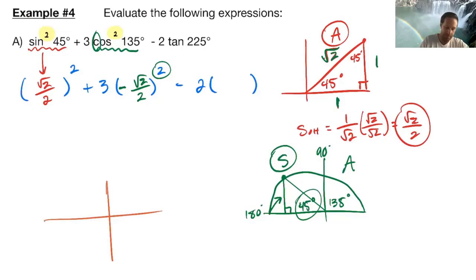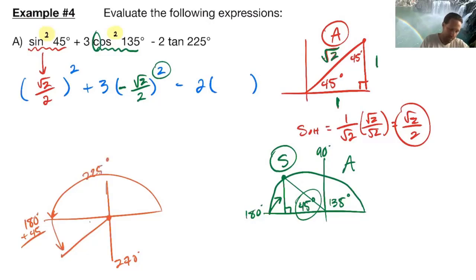So 225, I know, is more than 180 but less than 270. And how much more or less? Hopefully you recognize if it ends in a 5, it's probably going to be a 45. If it ends in a 0, it's probably a 30, 60, 90 scenario. So 180 plus 45 is indeed that 225 degrees. We would have had to rotate that far, but remember it was that extra 45 that we're going to reference to our x-axis to get, again, a 45, 45, 90.